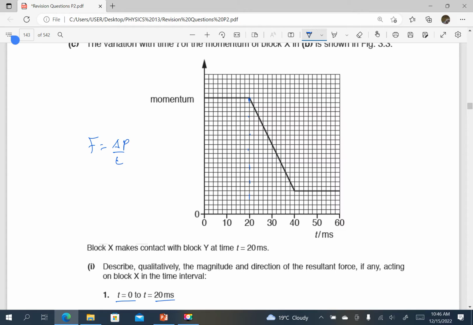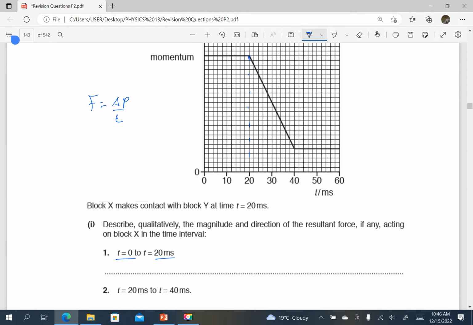The force is the gradient or the rate of change of momentum. And since the momentum is not changing, the force is going to be 0, since the gradient is 0. So between t equals 0 and t equals 20, the force is going to be 0.